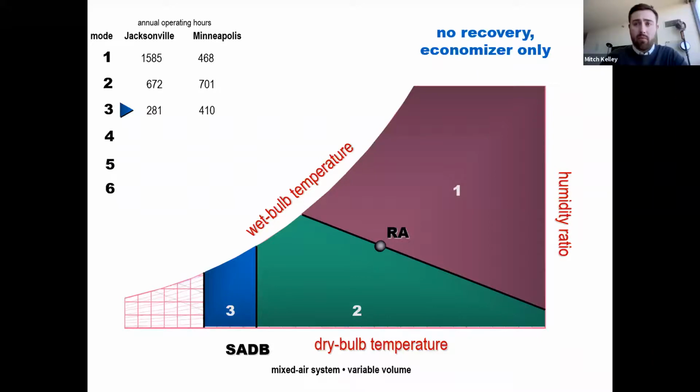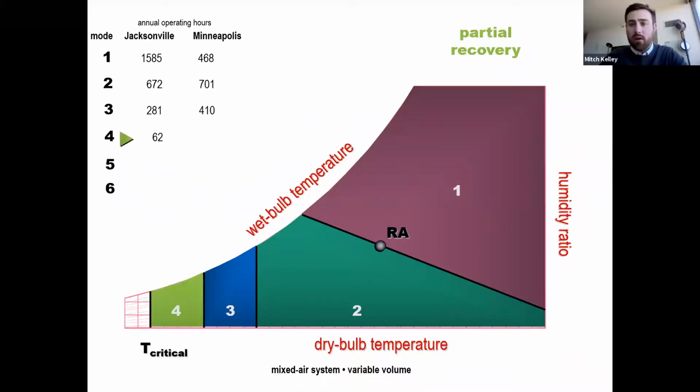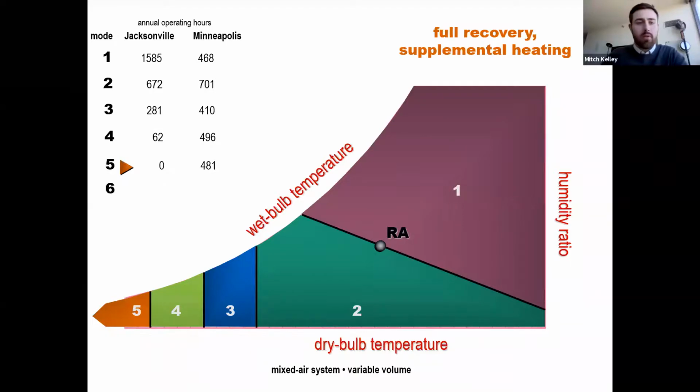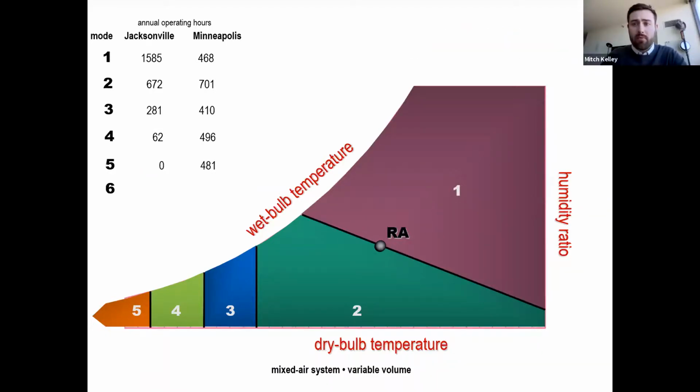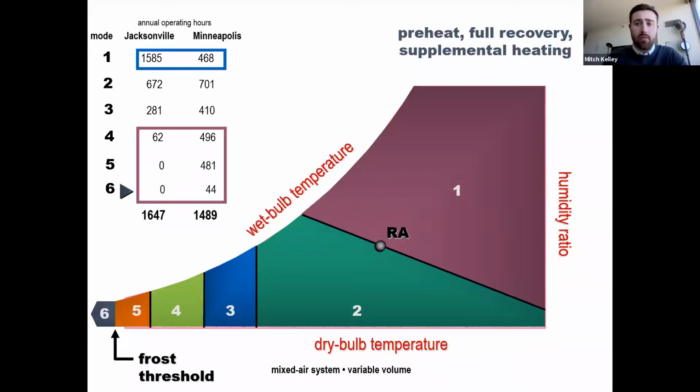This again is the wheel remaining off. So really it's just zone 1, zone 4, zone 5, and zone 6 are the only times you're going to be operating this wheel. So yeah, when you're in full economizer mode, you wouldn't be using the wheel.